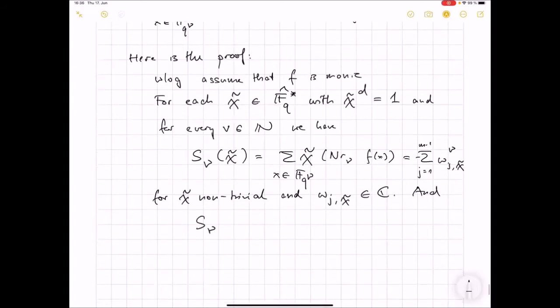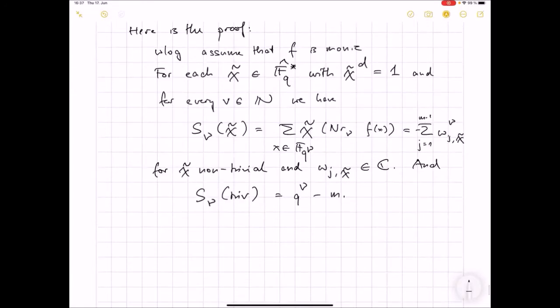So for the trivial character, well, then the trivial character says always 1 unless the argument was 0. And this happens if and only if there is a 0 of f. So this is just q^ν minus the number of distinct zeros, so minus m. Okay? All right, so now comes the key step.